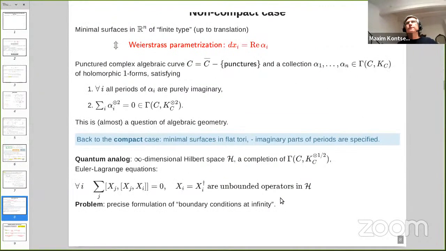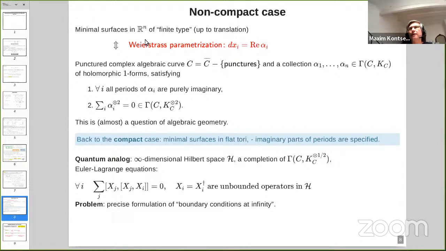Okay, so there is a notion of degree of a map, but let's also return to the non-commutative, non-compact case for a moment. In the non-compact case, we cannot speak about degree but can speak about the normalized functional. It's a really nice piece of classical geometry, because if you consider minimal surfaces of some finite type, after translation, it's essentially an object of algebraic geometry.